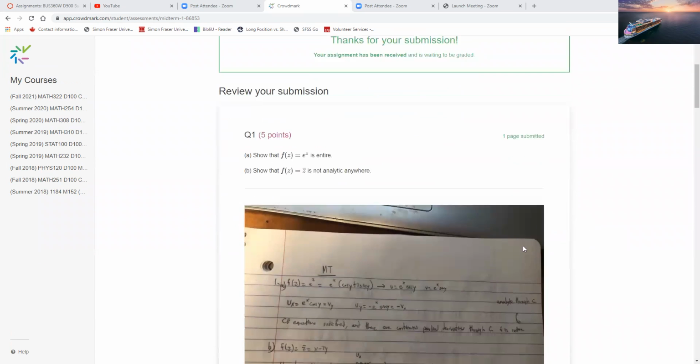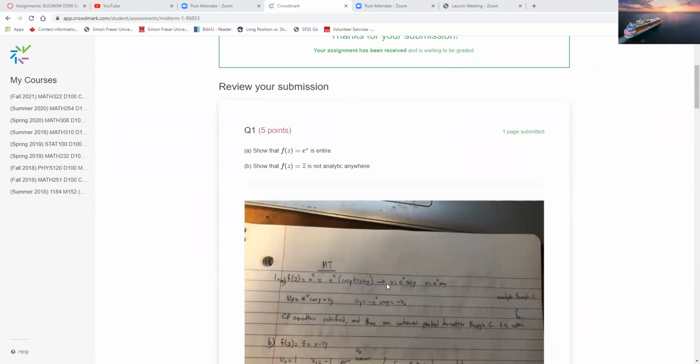Here, u is e to the power of x cos y, and v is e to the power of x sin y. Differentiating with respect to x gives e to the x cos y, and the Cauchy-Riemann equations are obviously satisfied and continuous across the entire domain. So f is entire, it's analytic everywhere.